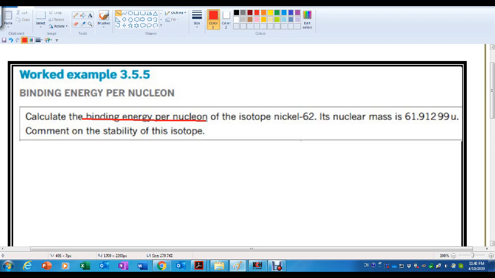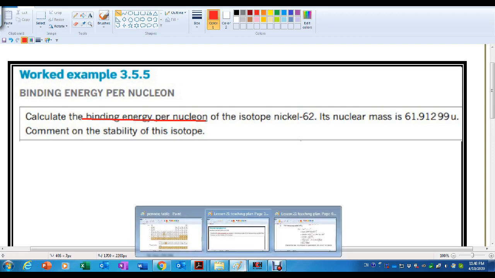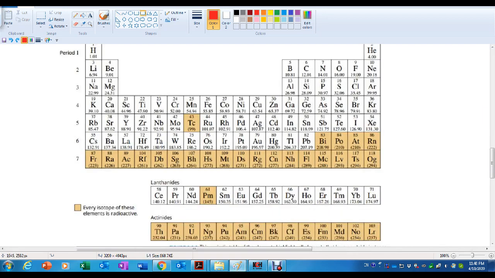How could we find the binding energy? You need the mass number and the atomic number, because you need the number of protons, number of neutrons, etc. So where do we get the data?